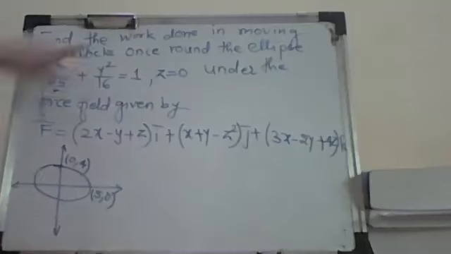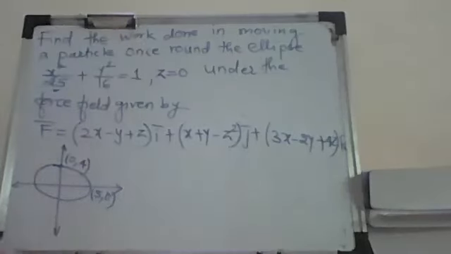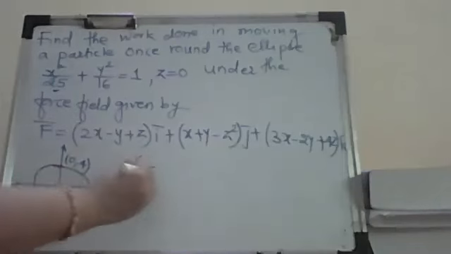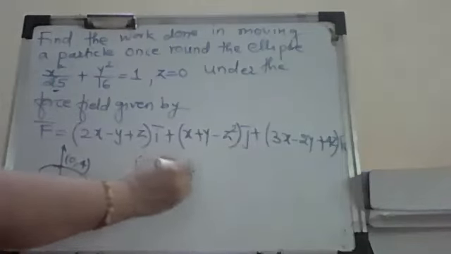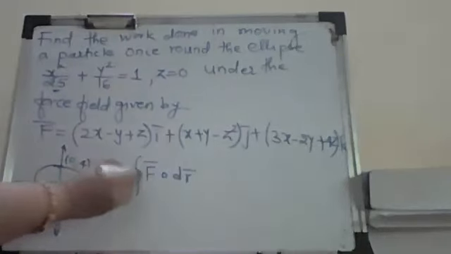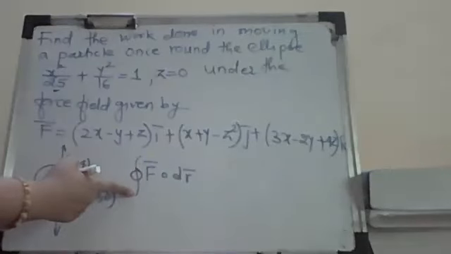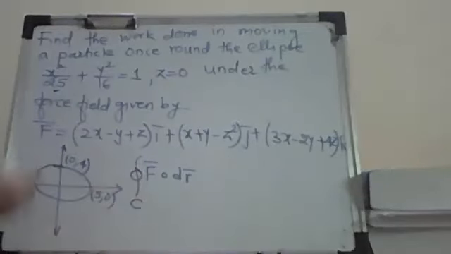Now we have to find the work done. The meaning of work done is line integration. So we have to evaluate f bar dot dr bar over this closed curve C. So I just put a circle on this integral sign for the closed curve. This is your curve, and we are giving a direction to this curve.